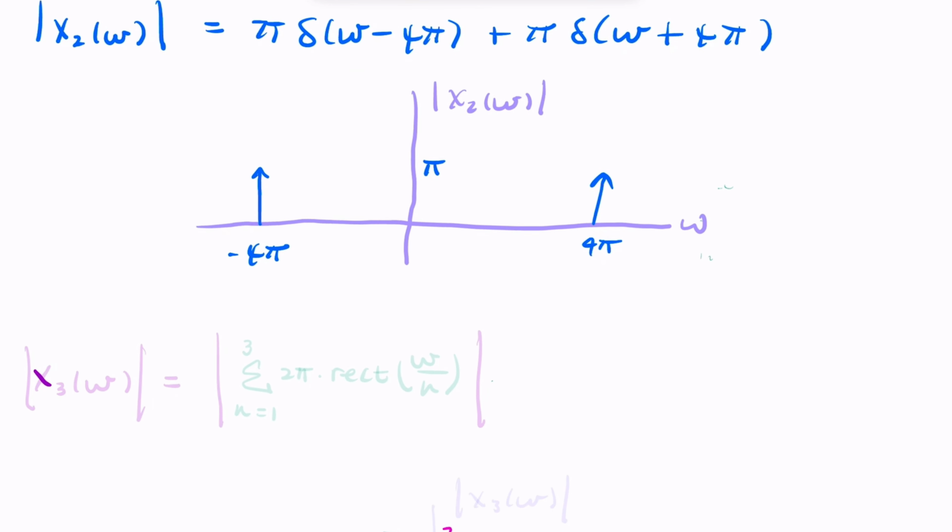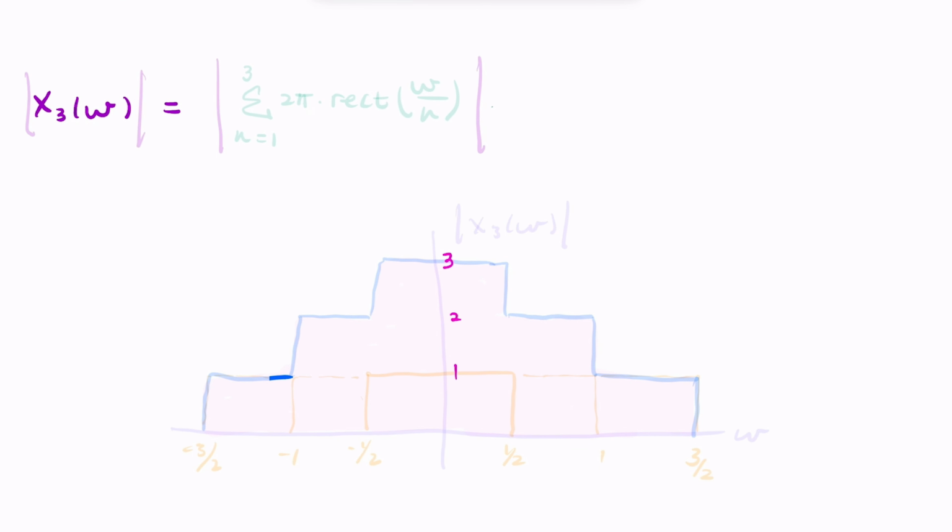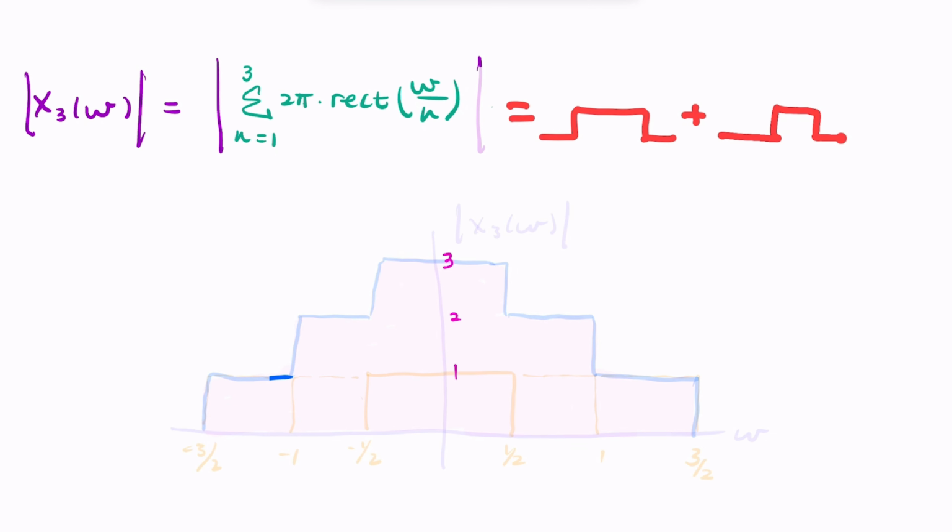And finally, x3 is what we found earlier. It's a summation of 3 rectangular functions. And if we were to find the modulus, or the magnitude, of x3, it would be the magnitude of these rectangular functions.